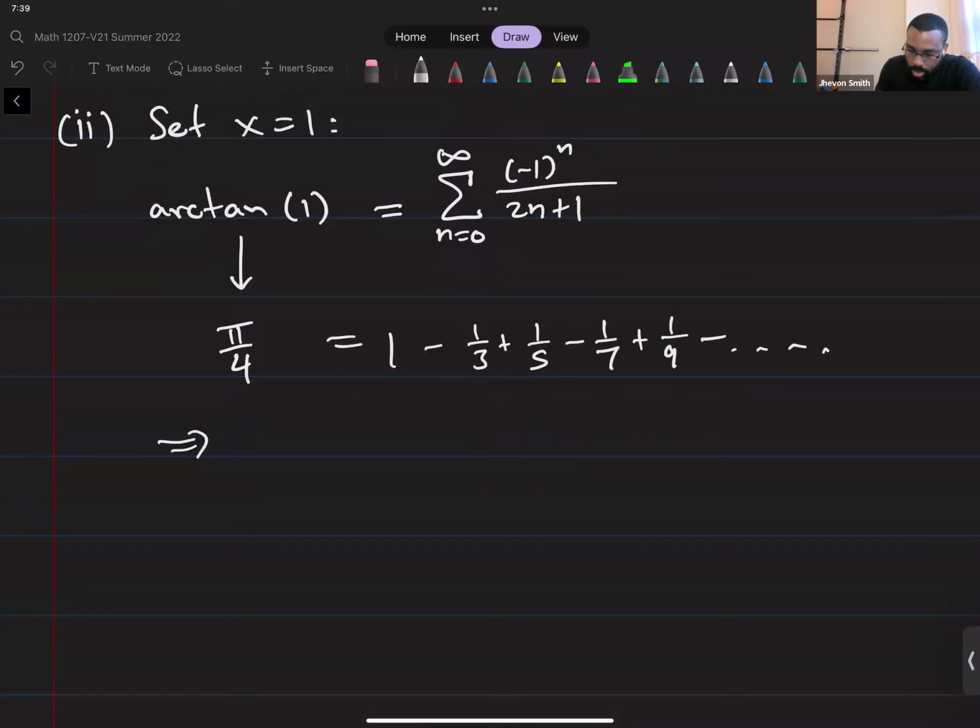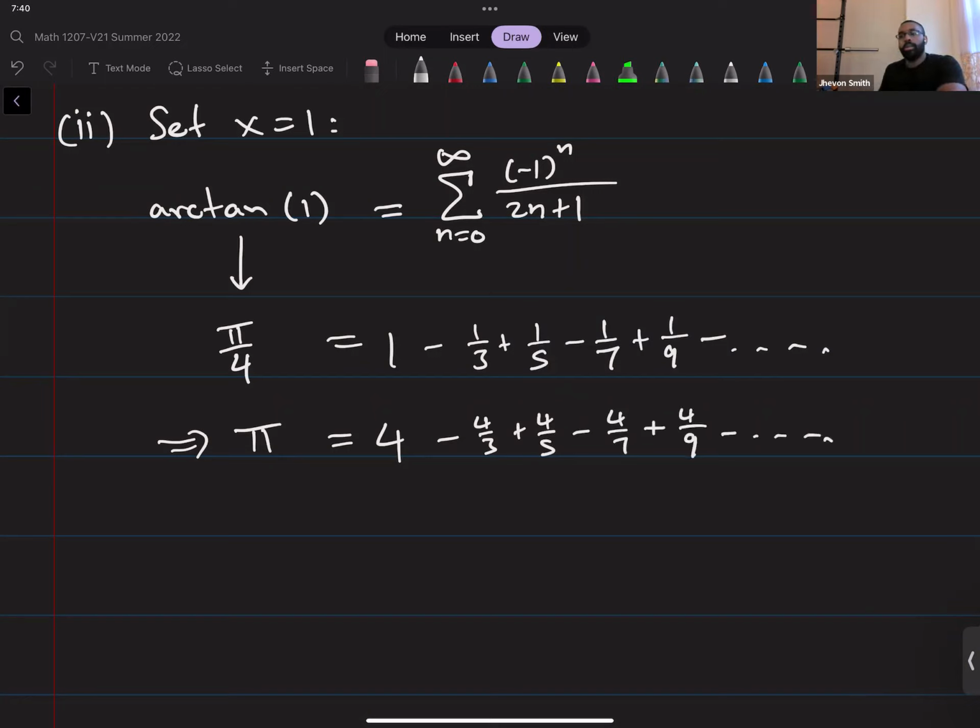So this means pi, our very famous number, which a lot of people automatically associate with a circle, which in higher mathematics is not the best interpretation for pi, but a lot of people think of it that way, is actually 4 minus 4 thirds plus 4 fifths minus 4 sevenths plus 4 ninths, like that.